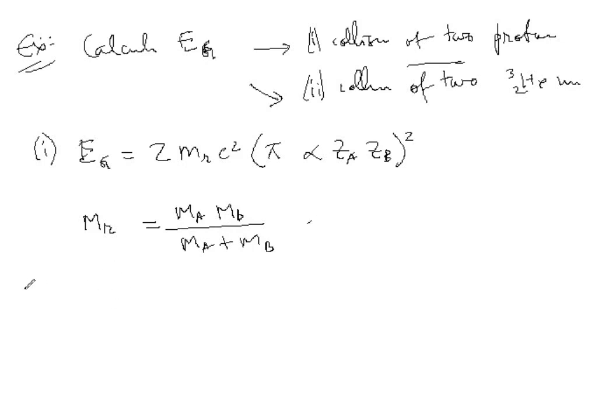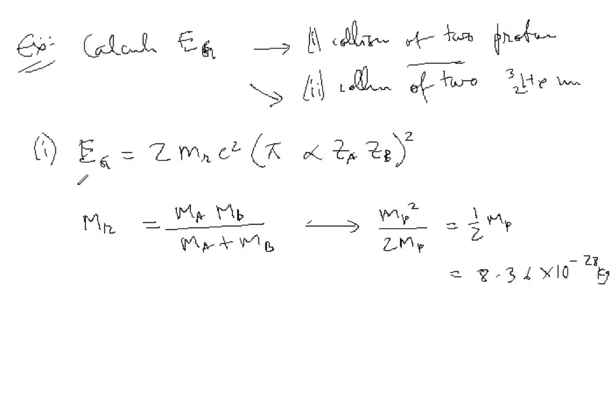Let us first estimate the reduced mass for these 2 protons. It comes out to be Mp square by twice Mp, or basically half of Mp, which is approximately 8.36 into 10 to the power minus 28 kg.